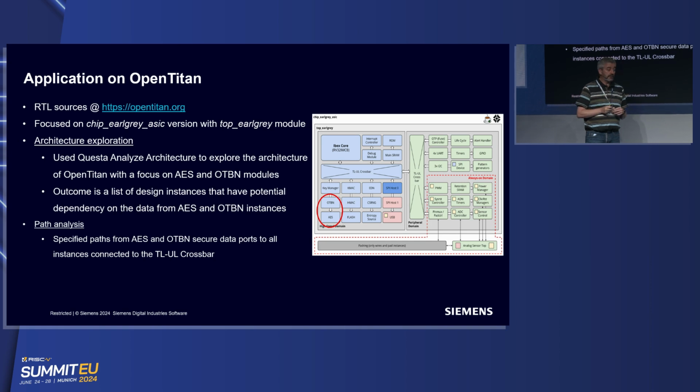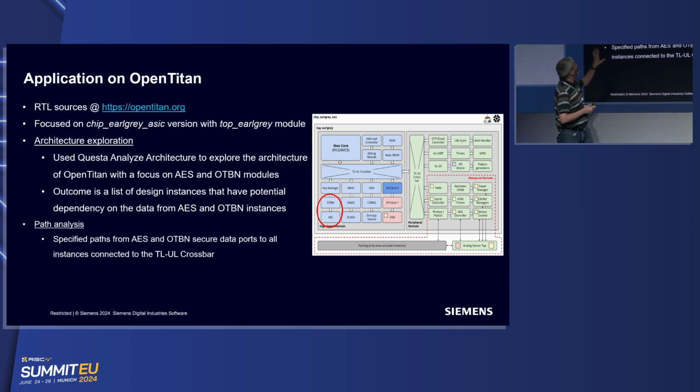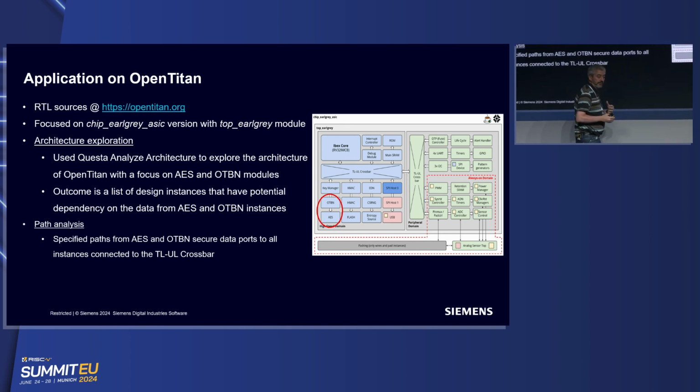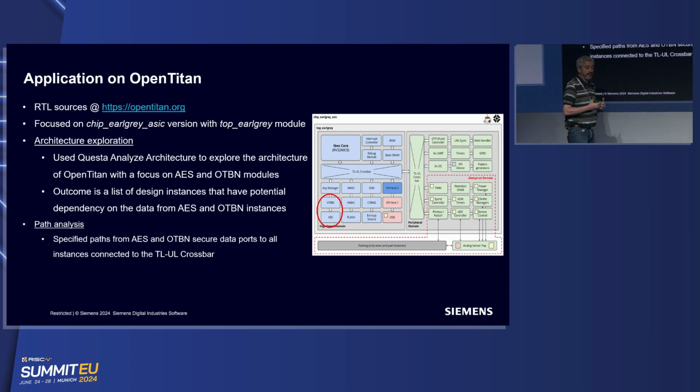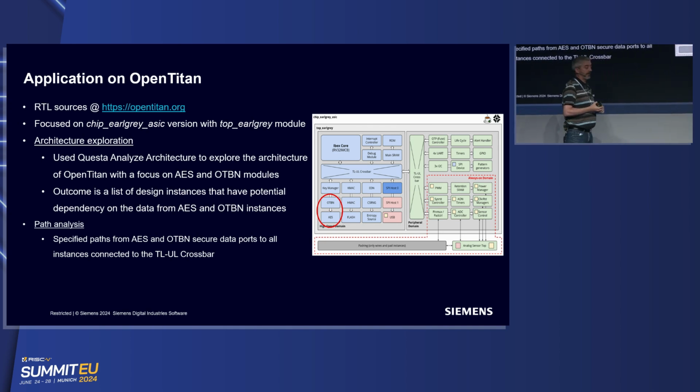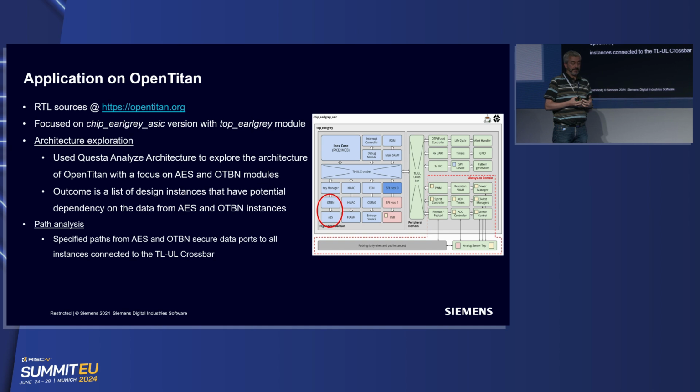Now on OpenTitan, I was planning to say there's some cryptic name there, but of course we all heard about Earl Grey yesterday. So yes, we have looked at the Earl Grey configuration of OpenTitan, and we focused on the AES and OTBN modules and wanted to make sure that these are not accessible, or cannot be compromised, by the other modules on the other side of the cross path.